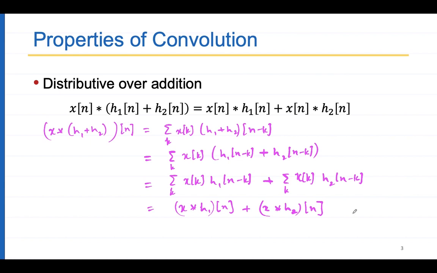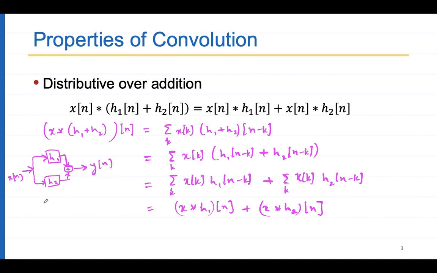So pictorially I can see it like this. If I have a system h1, another system h2, and I am adding their outputs, basically, that's what I'm doing here. x passes through h1 and x passes through h2, and I add the two outputs to get my y[n].